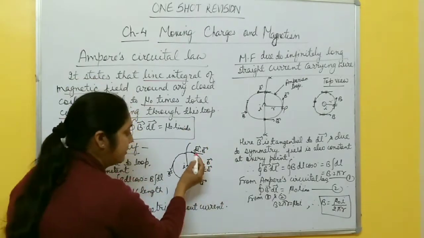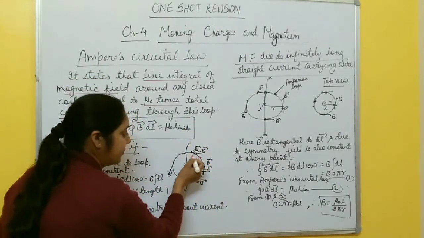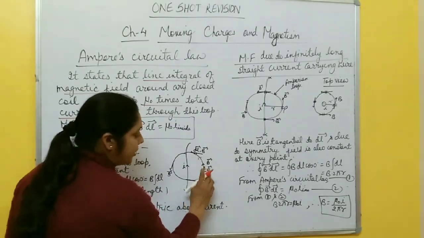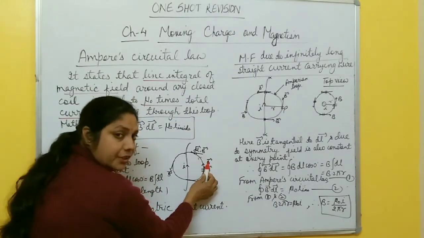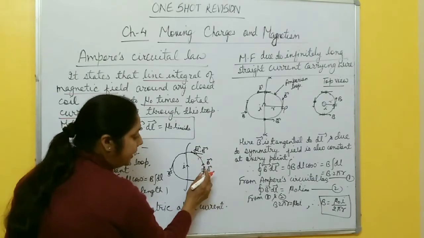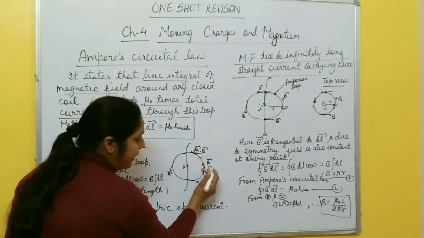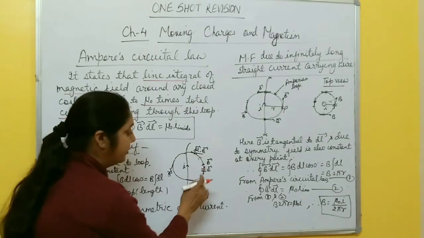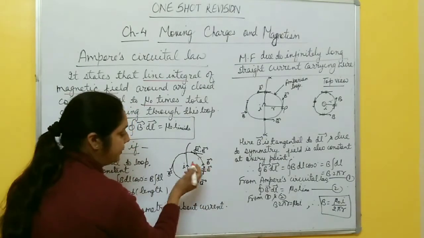So this is the magnetic field around this current carrying wire. Now at any point the direction of magnetic field is tangential to the surface at that point. It means the current element and magnetic field B are along the same direction. Both are tangential to the surface.